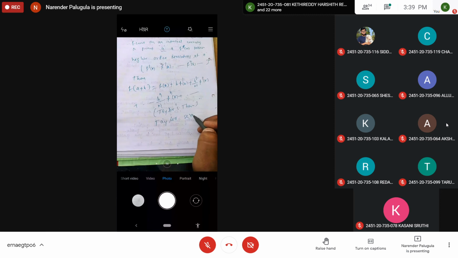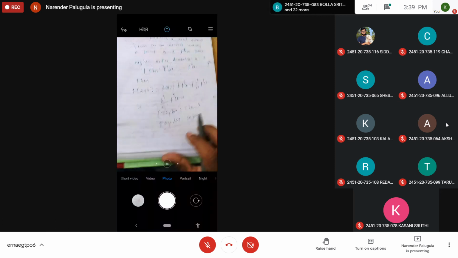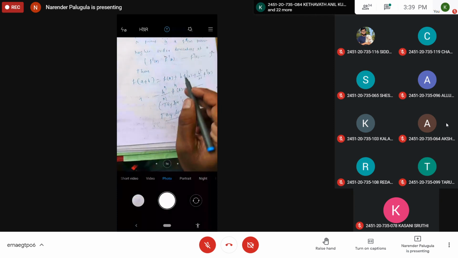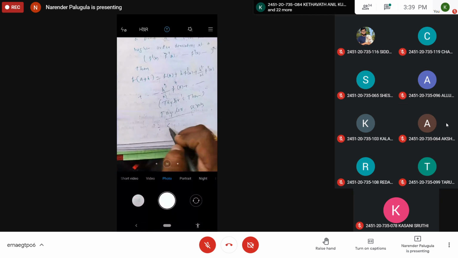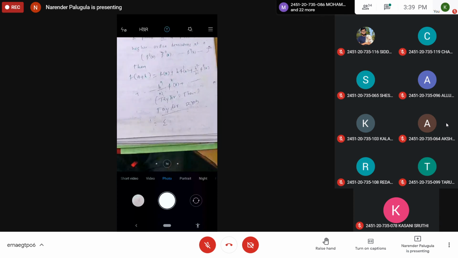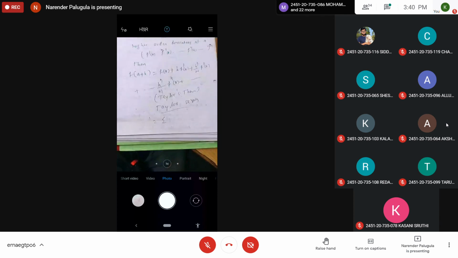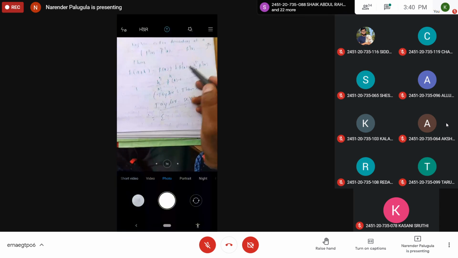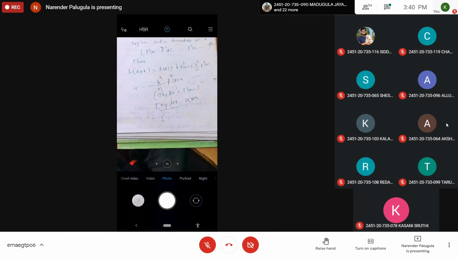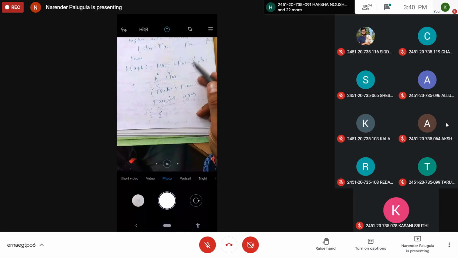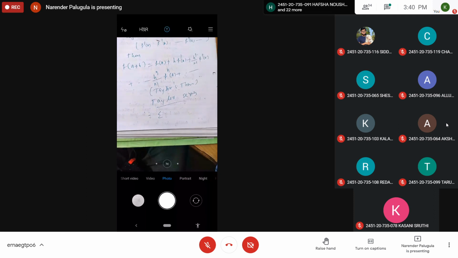Now my question is, can anybody write this expansion using summation notation? By observing the terms, can you express this as an infinite series? We already learned this logic in the infinite series unit.